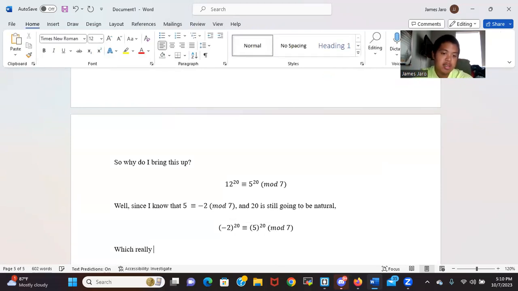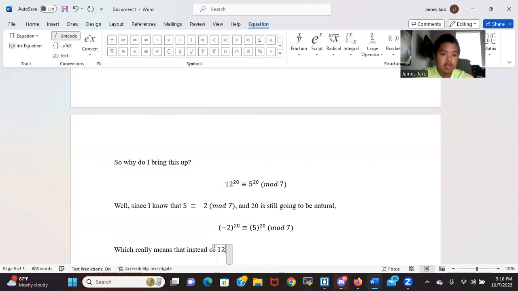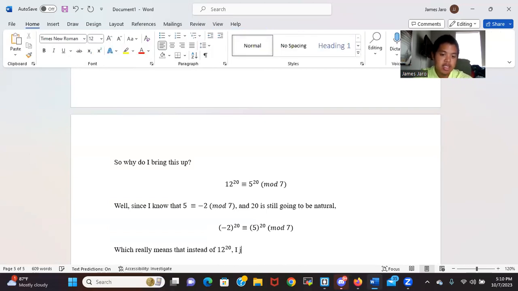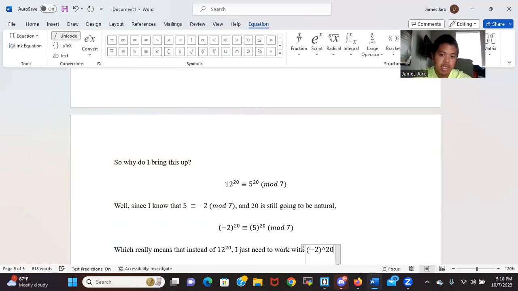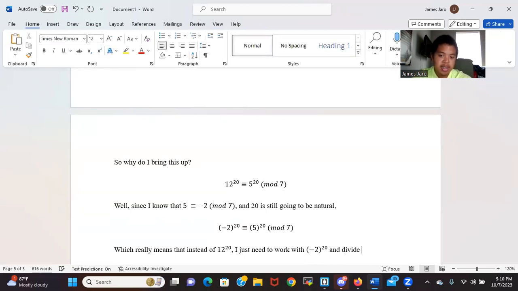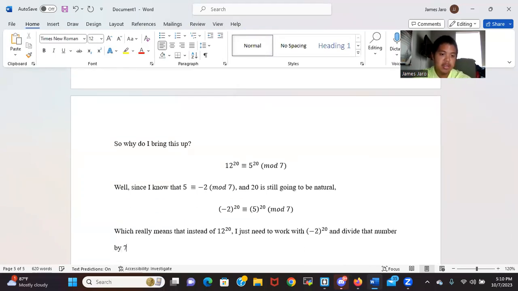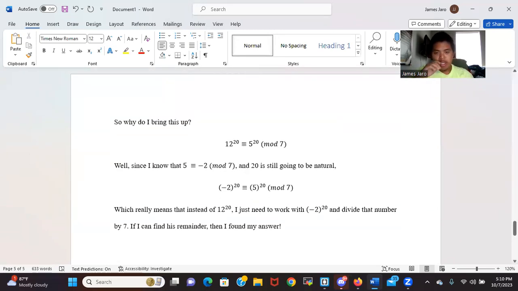Which really means that instead of 12 to the 20th, I just need to work with -2 to the 20th and divide that number by 7. If I can find the remainder, then I found my answer. So instead of having to work with powers of 12 or even powers of 5, I'm just going to work with powers of -2.